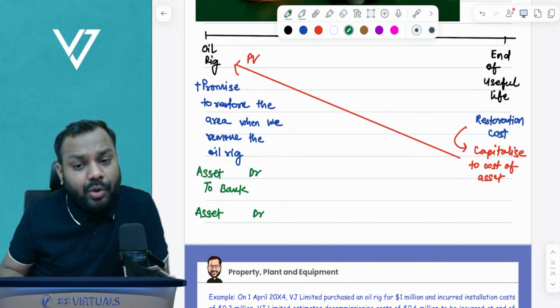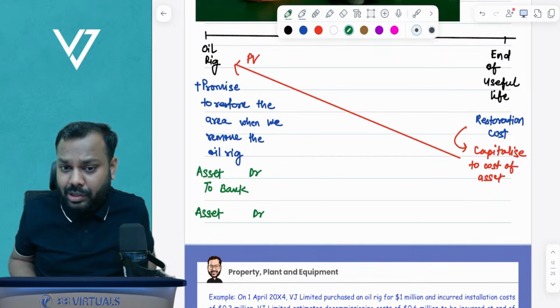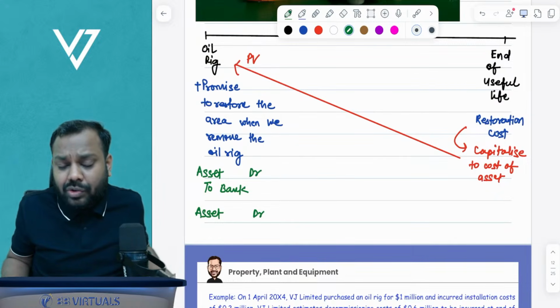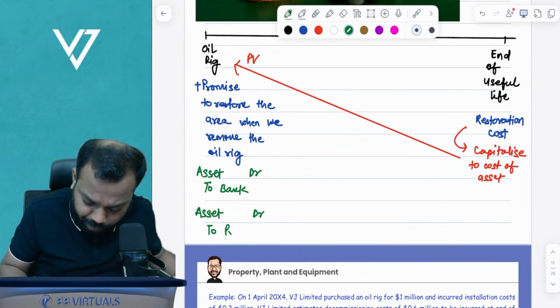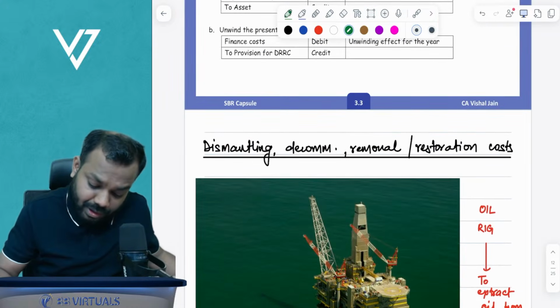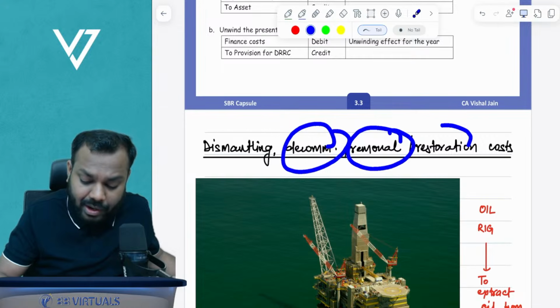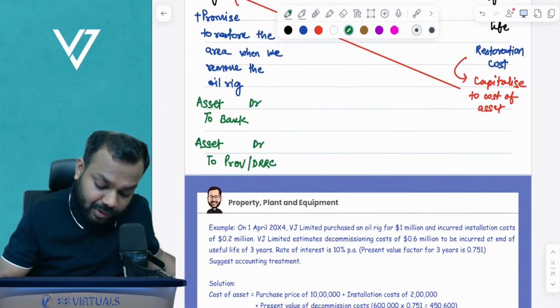But can we credit bank? No, because we have not yet incurred these costs. So it is a provision. So you will credit provision for DRRC. What is the meaning of DRRC? Decommissioning, removal or restoration costs, at present value.